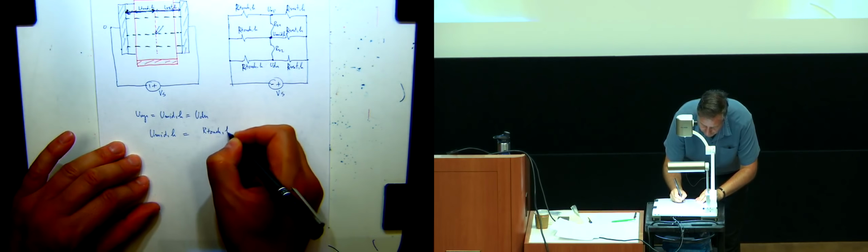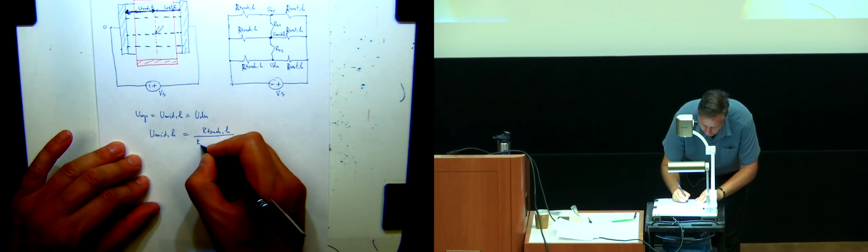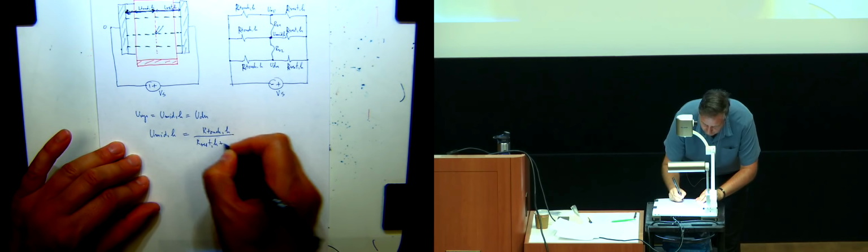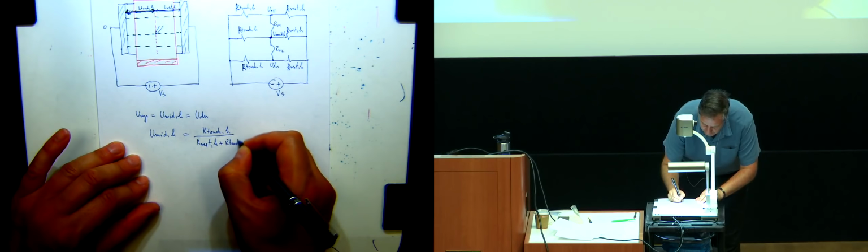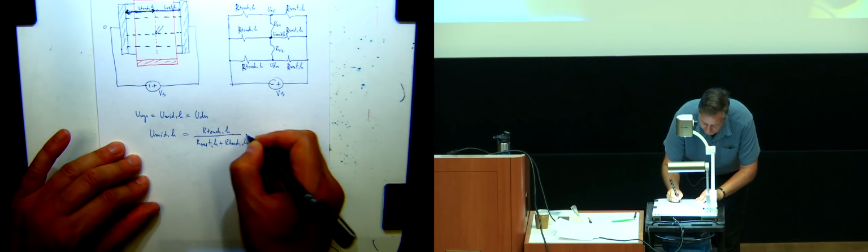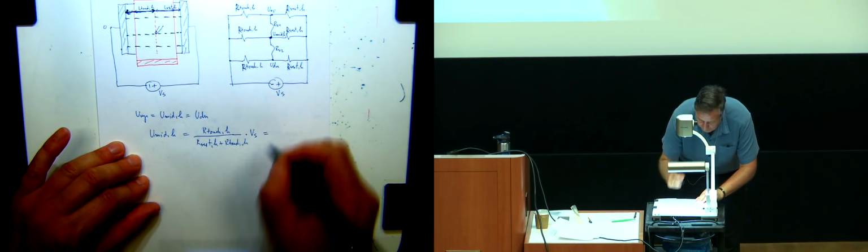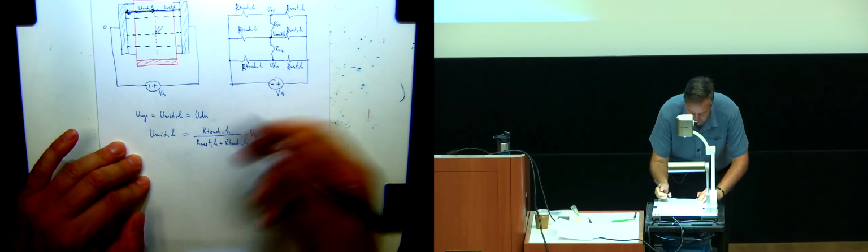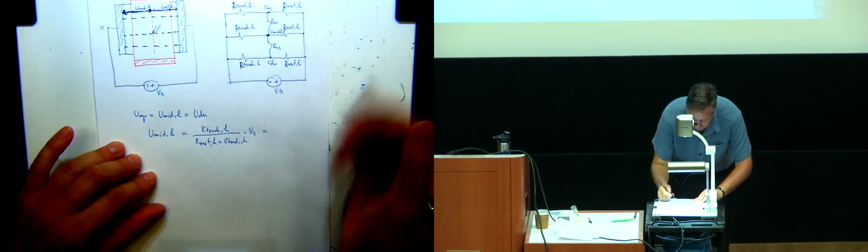R touch horizontal over R rest horizontal plus R touch, times Vs. Okay. And now we can just write out the resistances.